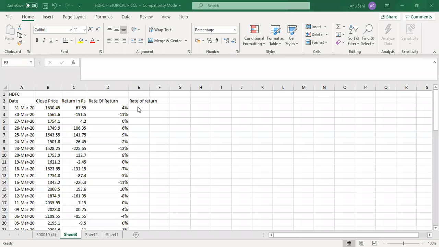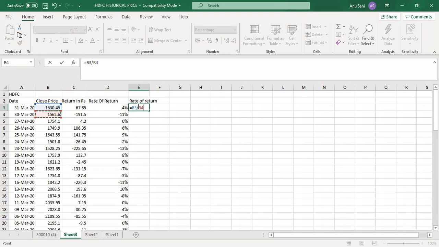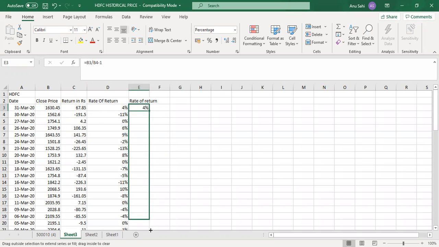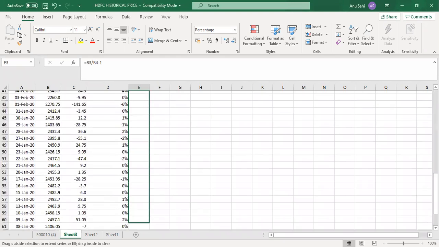So let us understand this last method of calculation of return, that is closing price divided by opening price minus 1. You see the same answer is there, and you can simply drag it down and find it out.